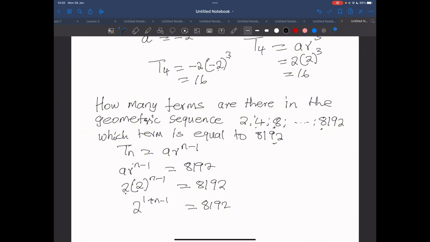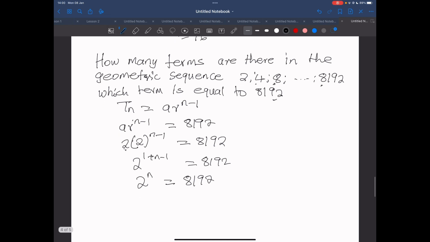So we actually have 2 to the power n equals 8192. This 8192 we can rewrite as 2 to the power of 13. Now, let's see how we get this from the Casio calculator.